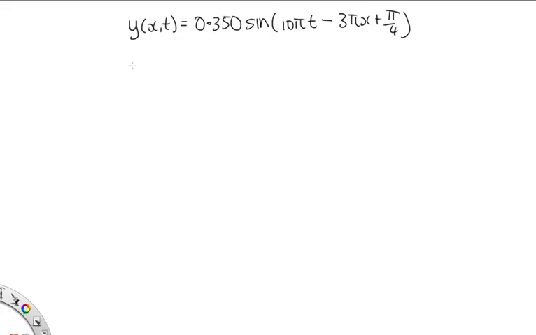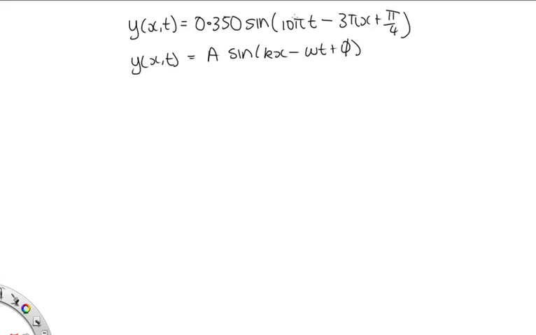Now in this question we're told that we have the wave function y of x and t is equal to 0.350 sine of 10 pi t minus 3 pi x plus pi on 4. And we know that a travelling wave has a wave function y of x and t equal to A sine kx minus omega t plus phi if it's travelling to the right.